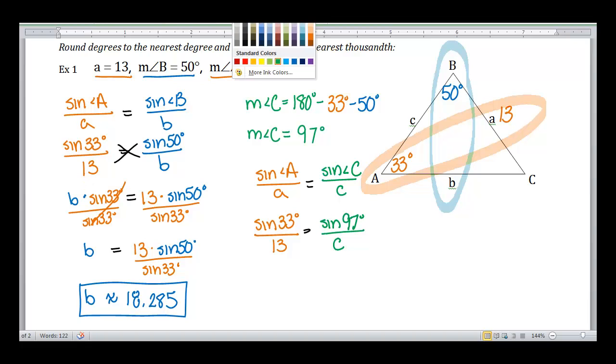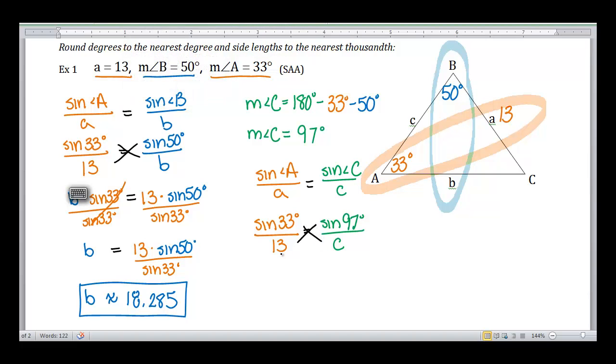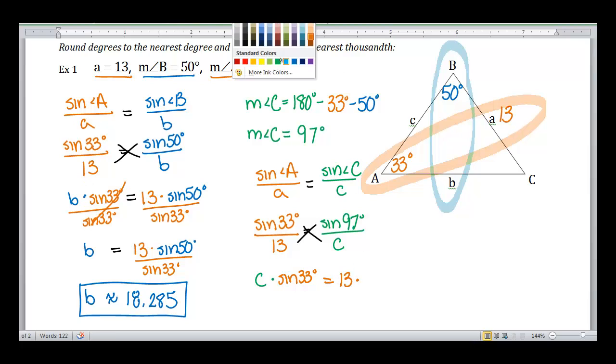Again, to solve this, I'm going to do the same thing we did before. I want to cross multiply. And so I'm going to get that C times the sine of 33 degrees is equal to 13 times the sine of 97 degrees. Again, at this point, I need C by itself.